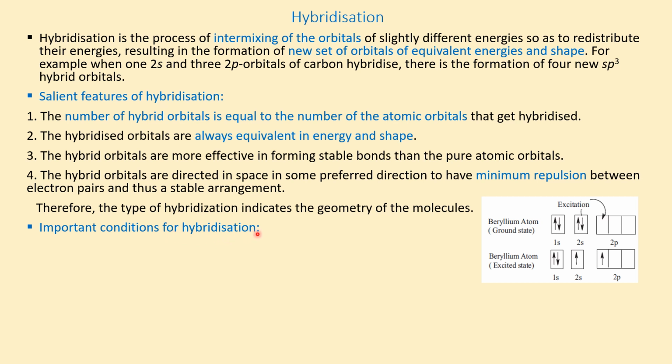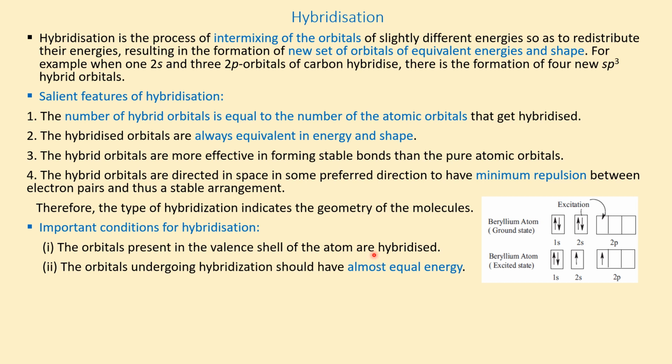Important conditions for hybridization. The orbitals present in the valence shell of the atom are hybridized. Please see that the valence shells are 2s and 2p. So the orbitals present in the valence shell of the atom are only hybridized. The orbitals undergoing hybridization should have almost equal energy.